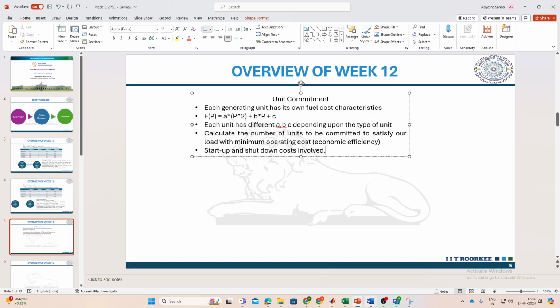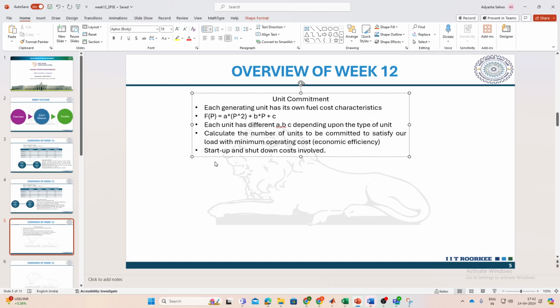The startup cost depends on two types, hot start and cold start. If your boiler is already hot, generating power from that condition will require less power. But if your boiler is cold, then you will require more steam to generate the power. That is what is involved in startup cost. And similarly for shutdown cost, similar kind of things are there.